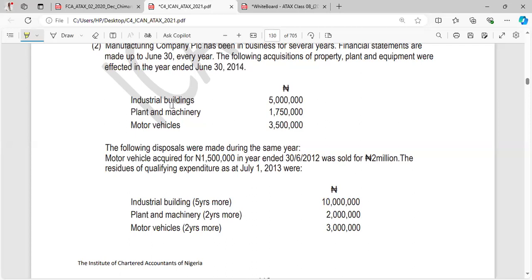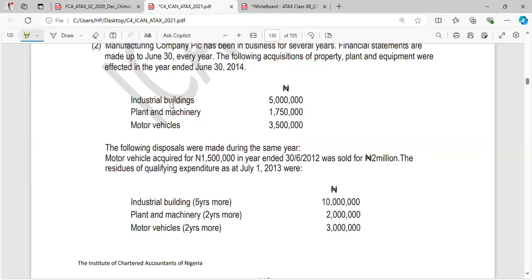Our next class and perhaps the next class after that, we'll still be doing capital allowances so that we will have our hands strong in capital allowance. So today has been dedicated to solving capital allowances with hire purchase.